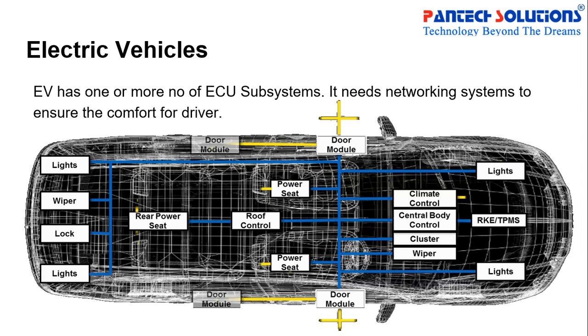From the driver's point of view, the driver needs to know about the battery, what the balance charge is, how far we can travel with the available energy, and what the temperature rise is. So the driver can get everything. Here the cluster is one module, and the battery management system is another module.